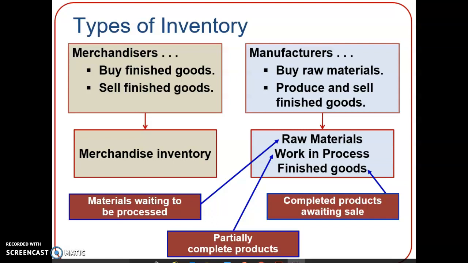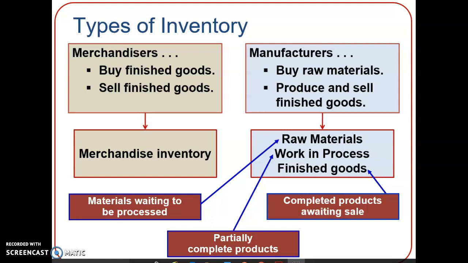For example, if we think of Ford or General Motors as car manufacturers, they purchase raw materials, could be steel, rubber, glass, paint, plastic, and then convert those into finished cars and trucks, and sell those cars and trucks to customers. They don't sell the raw materials to customers.